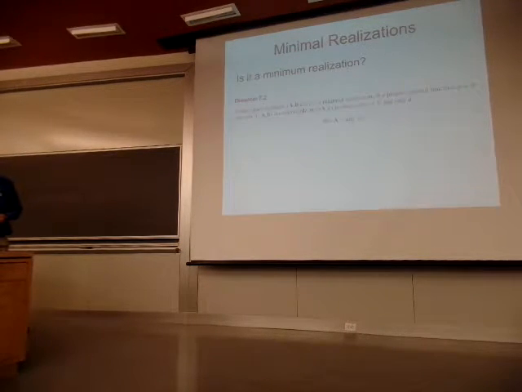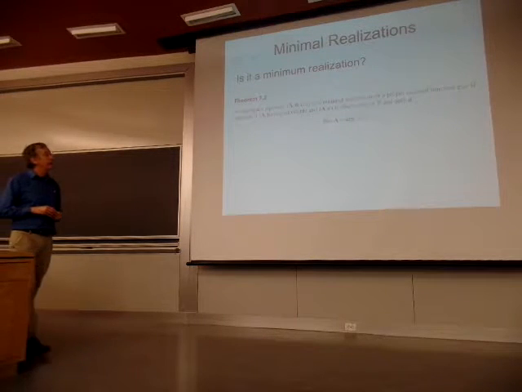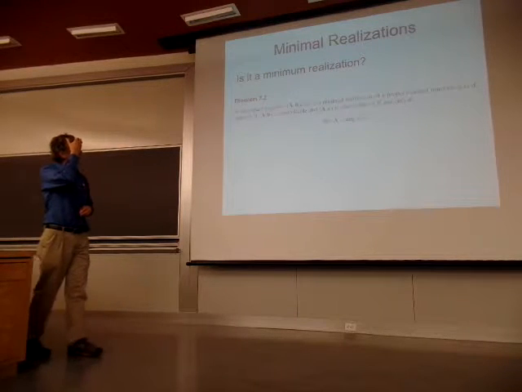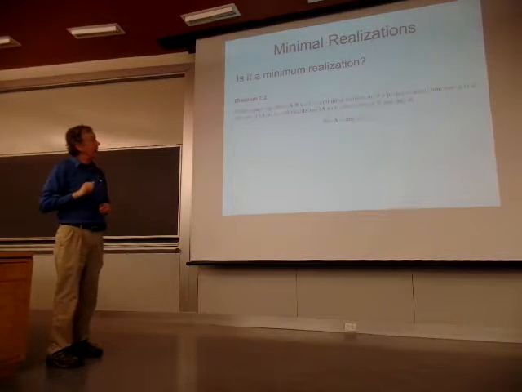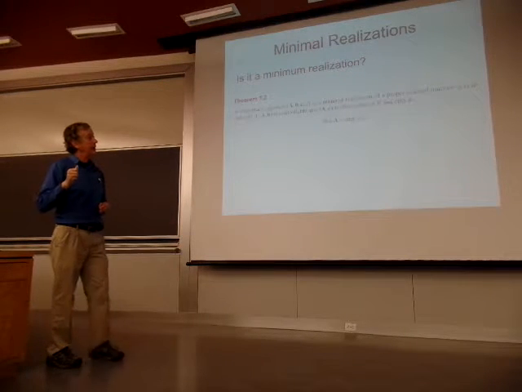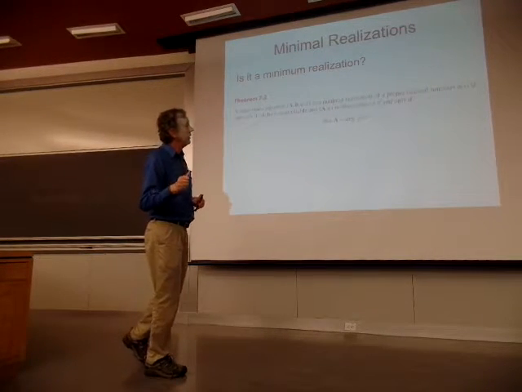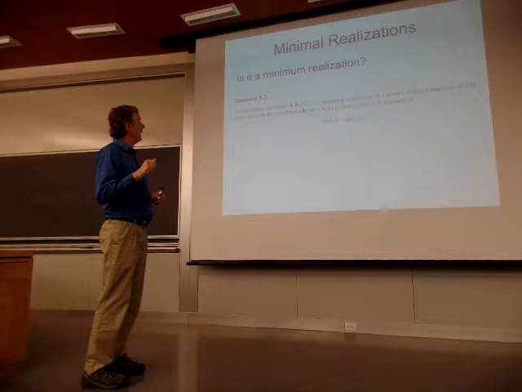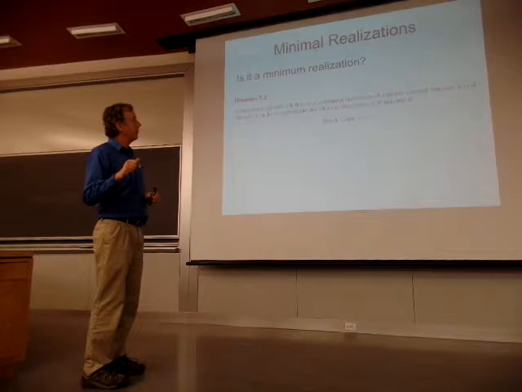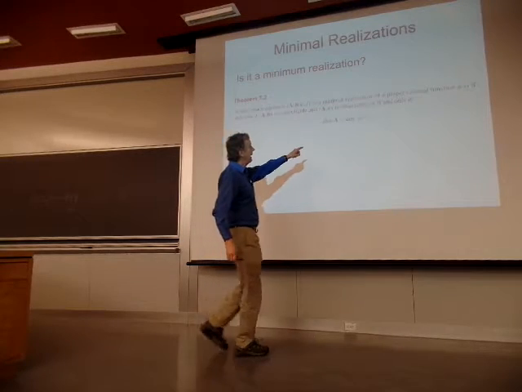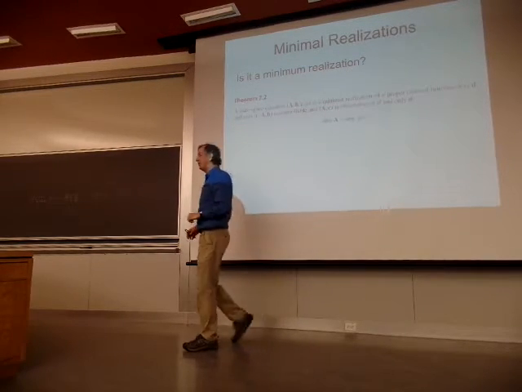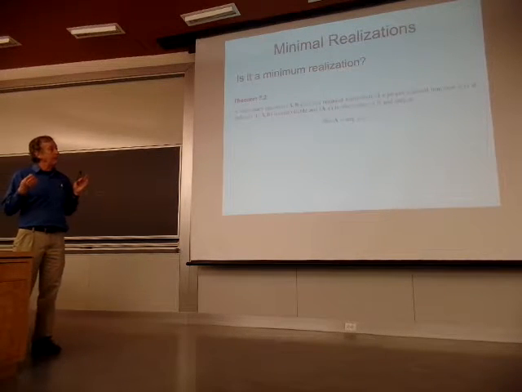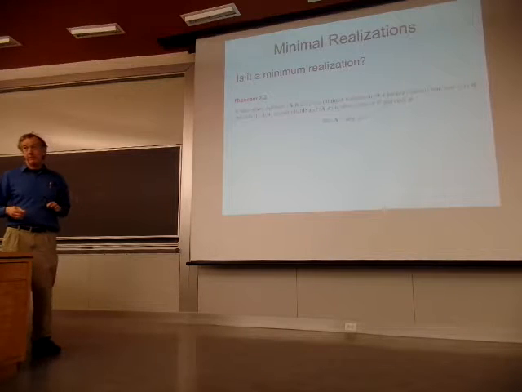All right. So, is it a minimum realization? This is the theorem out of the book. A state space equation with A, B, C, D matrices is a minimal realization of a proper rational function G if and only if (A, B) is controllable, (A, C) is observable, or if and only if the dimension of A is the same as the degree of G. Basically, it's stating that it's a minimum realization if it's both controllable and observable.